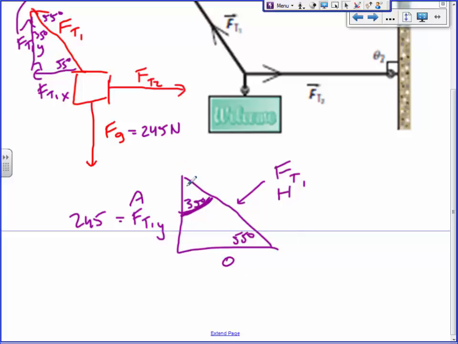So if I want to figure out how much actual tension was in the rope over here, I would say that cosine of 35 is equal to the adjacent, which was the 245, over the hypotenuse, which is the force of tension in rope 1. Just rearrange those. Take 245 and divide by the cosine of 35. That's how much tension was in this rope hanging off here at an angle.